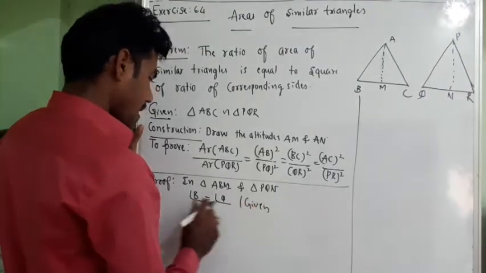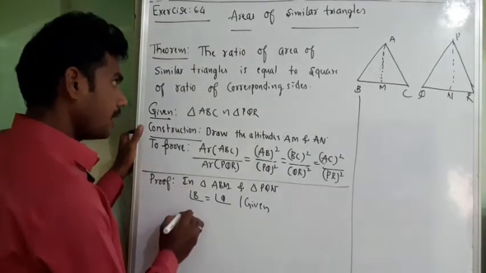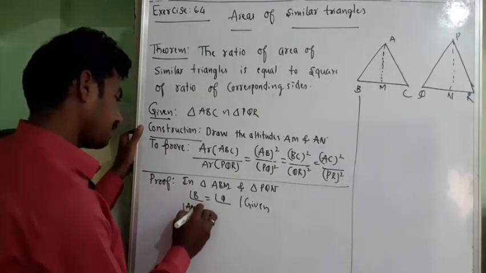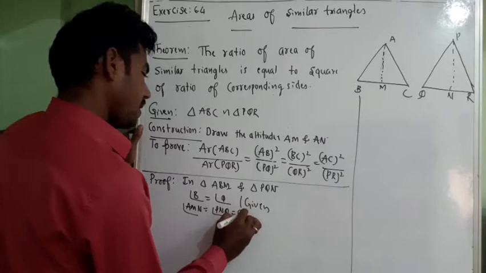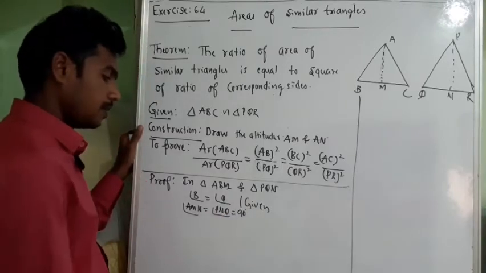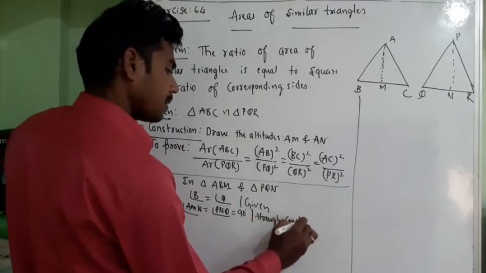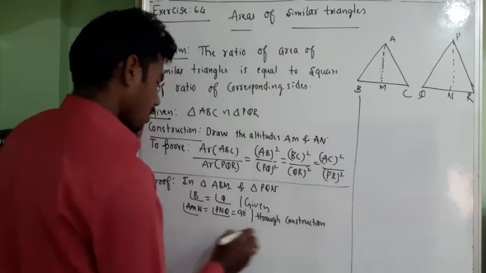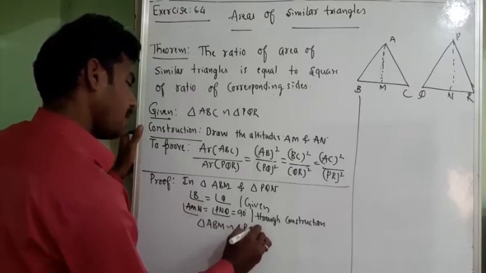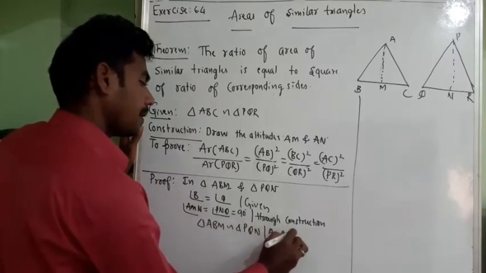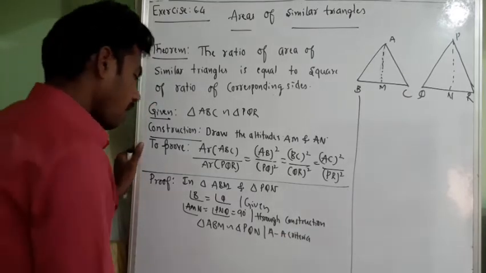For B, Q is the corresponding angle. Next, what can we write? Angle AMB is equal to angle PNQ is equal to 90 degrees. This is through construction. Now triangle ABM is similar to triangle PQN because of the AA criterion.